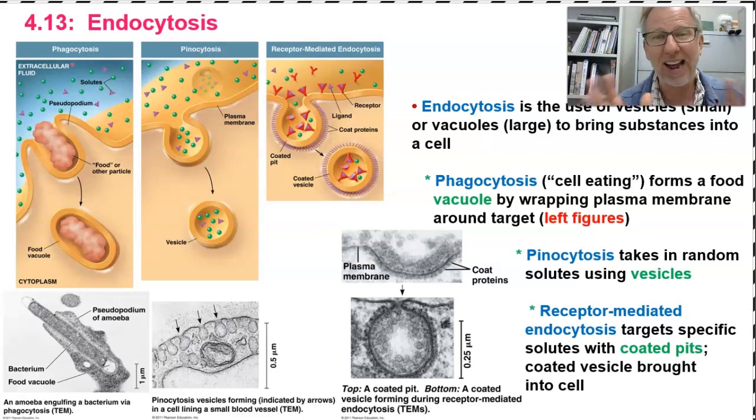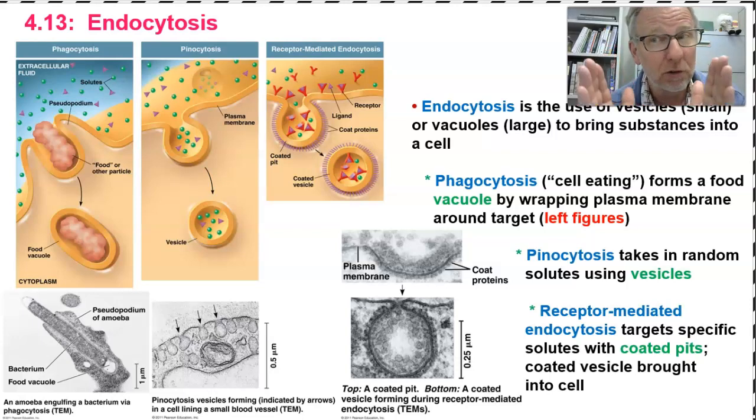We call those ligands. Very specific molecules attached to those receptors. And once those receptors are all filled up with those target molecules, then the coated pit closes off and forms a vesicle and brings those targeted molecules inside.